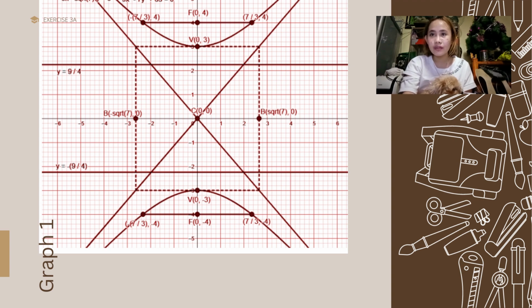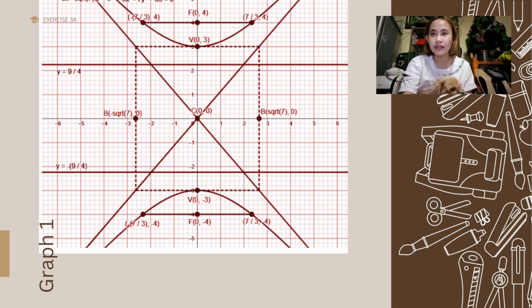So, etong diagonal na to, kung makikita nyo, ito yung asymptotes natin. Ito yung center, ito yung asymptotes natin. Ito naman yung ating hyperbola. Yung hyperbola natin, ito yung dalawang pair ng hyperbola natin. Hindi siya mag-touch sa ating asymptotes.